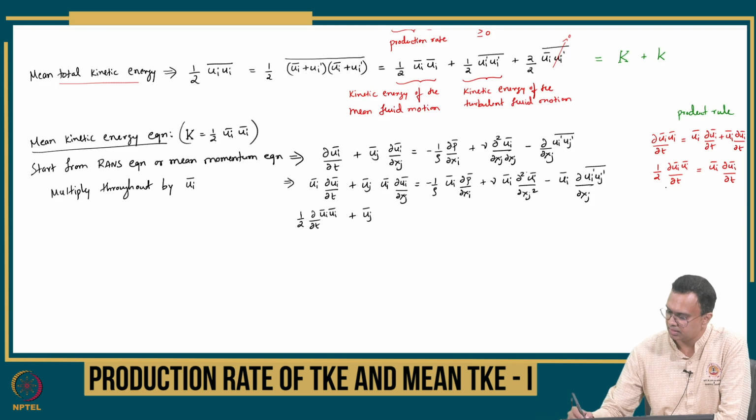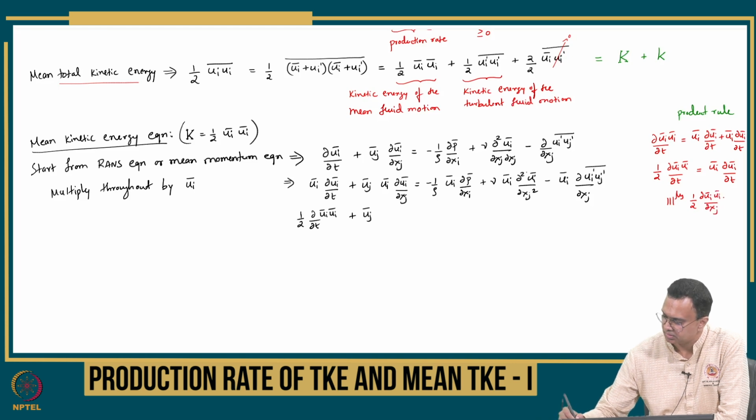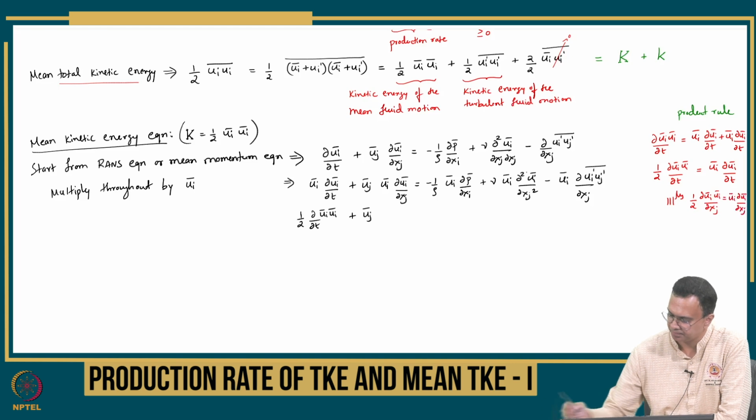So similarly, half dou ui bar squared by dou xj is nothing but ui bar dou ui bar by dou xj.